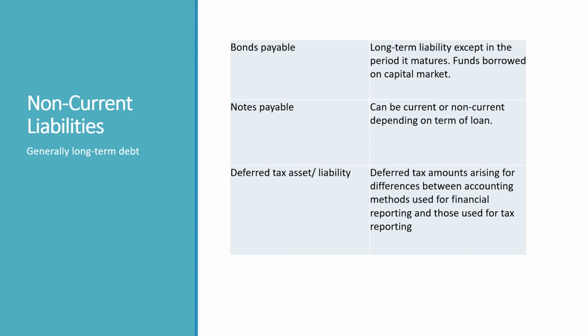When we're doing our financial accounting, we're using IFRS, and when we're doing our tax accounting, we're using the Internal Revenue Code for whatever country we're being taxed by, and they have different methods. So those give rise to deferred tax assets and deferred tax liabilities.